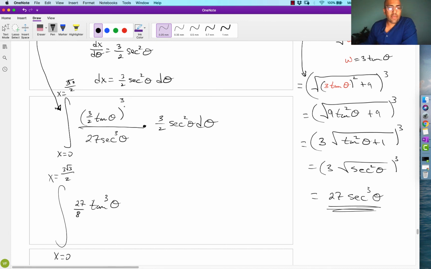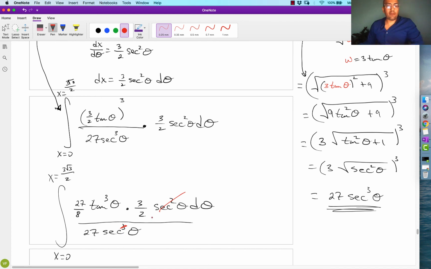That takes care of that part, times 3 over 2 secant squared theta d theta. And then again in this denominator we still have a 27 secant cubed theta. Okay, so 2 of those canceled out with 2 down there. There's still 1 secant theta remaining in the denominator.